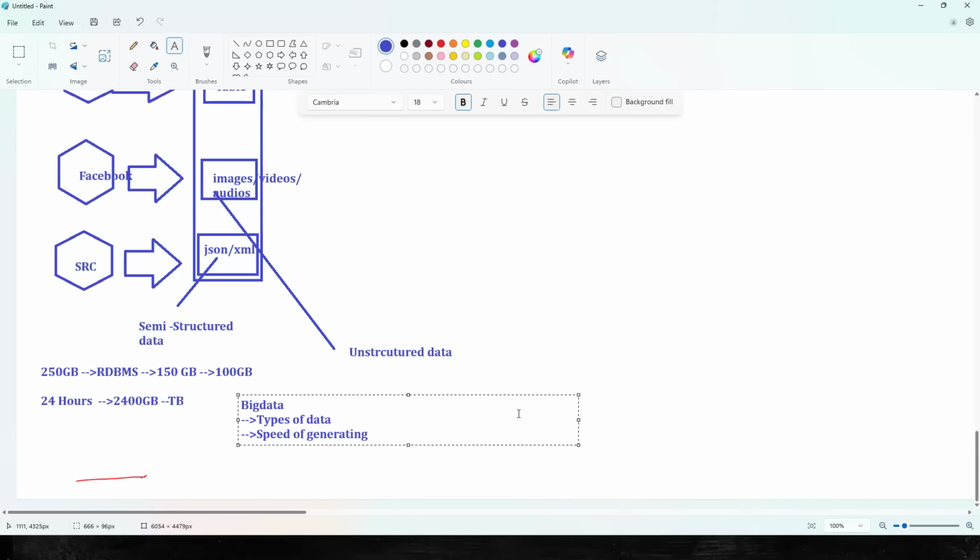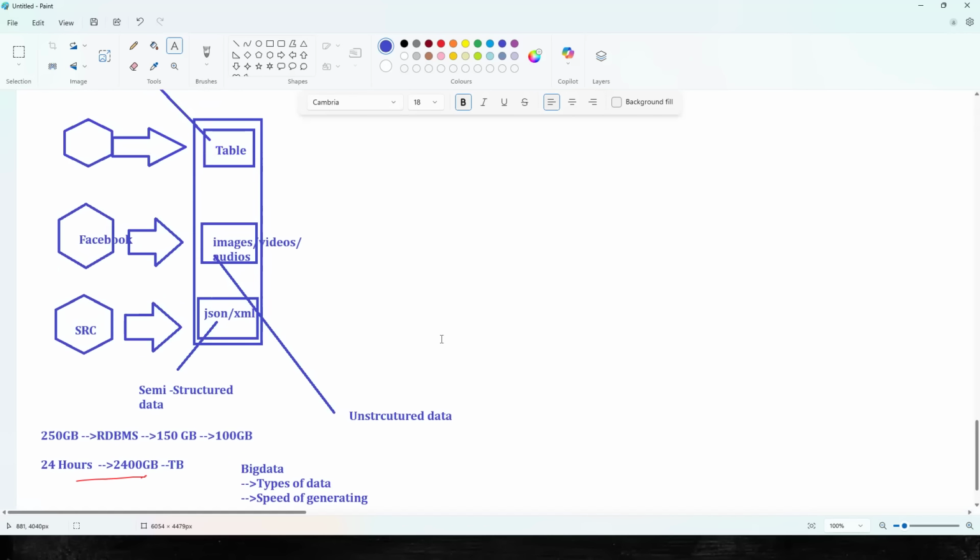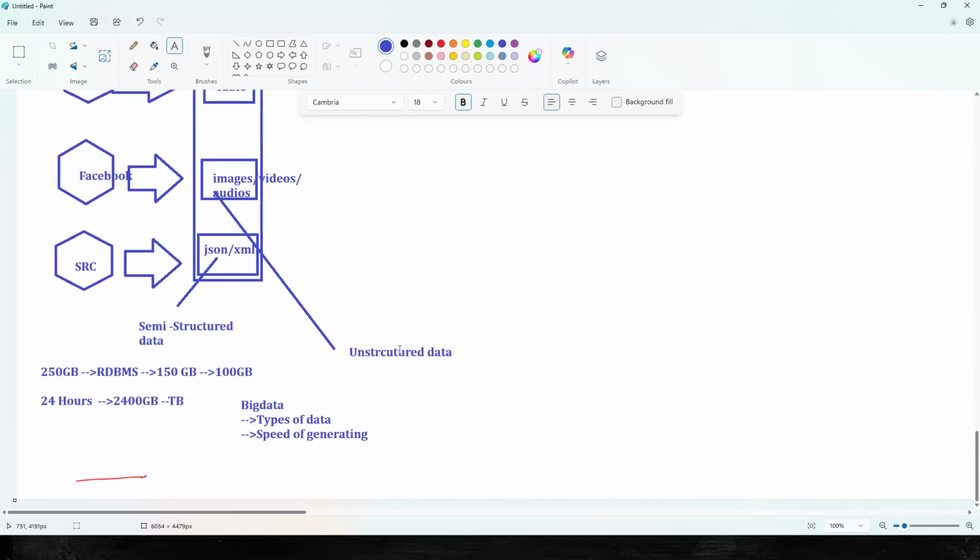Sir, with the traditional system, we cannot scale it up horizontally. Oracle, PostgreSQL, or MS SQL, these databases we cannot scale horizontally. So that is where big data comes into the picture. Big data is a problem, and because of that, the way the data is processed, big data uses parallel processing.